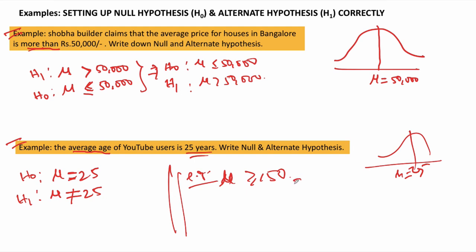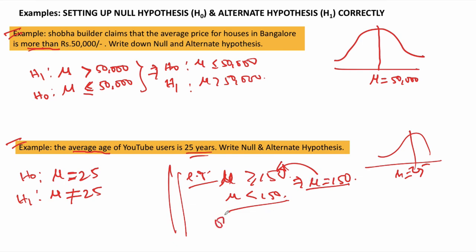Now I can write mu equals 150. In statistics we can replace and assume like this, and the alternative will be mu less than 150. That's fine. So if I write mu is less than 150 and mu equals 150, it eventually means greater than or equal to 150. In statistics we can use it.